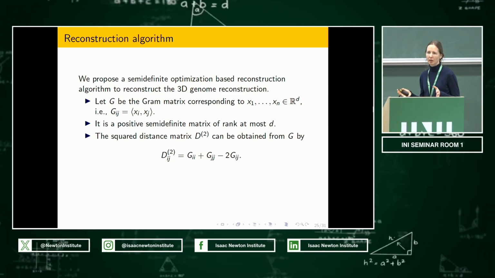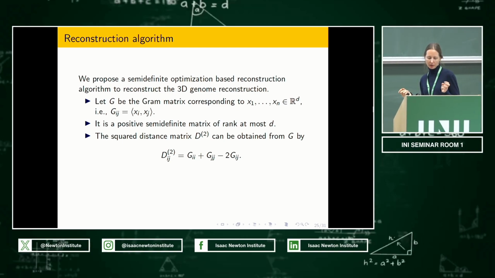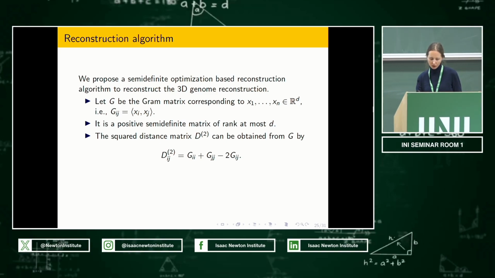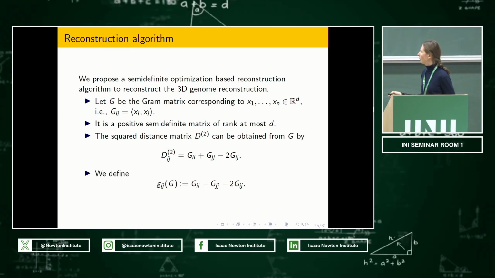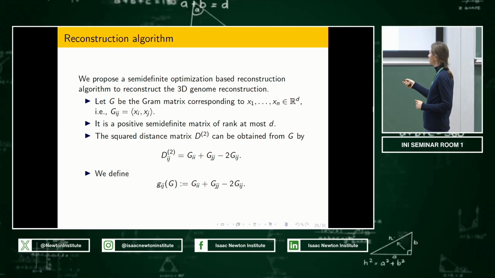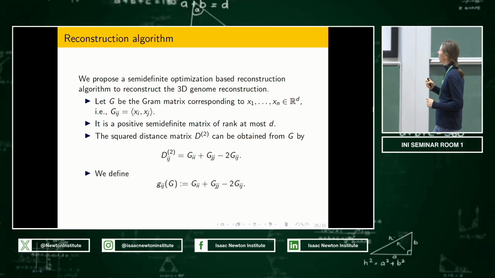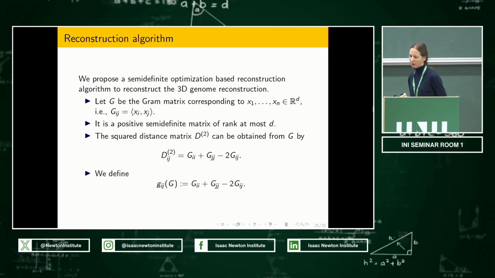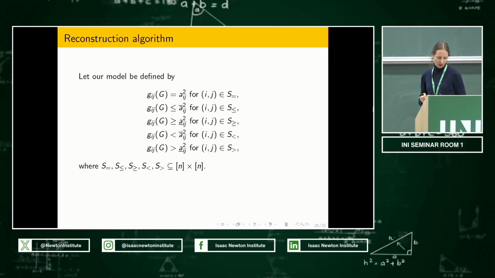Okay, so there is on one hand the Gram matrix, positive semi-definite, and then the distance matrix. And we will introduce this function, small gij of G, that's precisely this linear form in the entries of the Gram matrix.